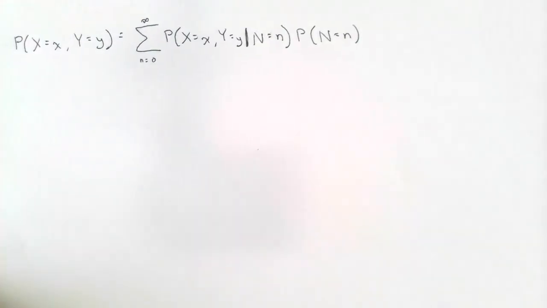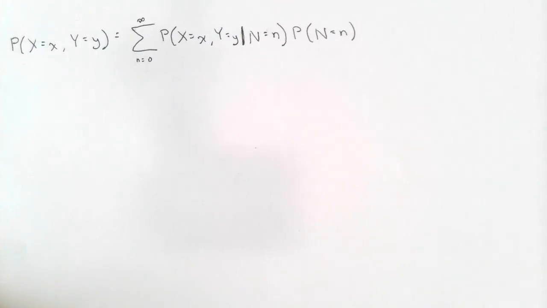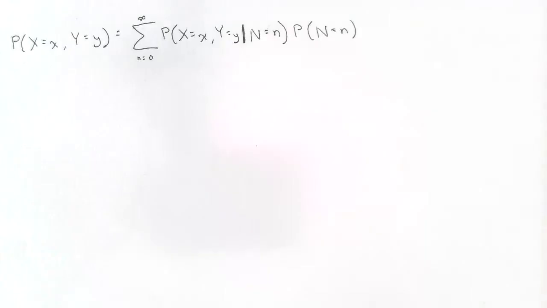So what we're doing here is using the total probability rule in order to find an expression for our unknown probability in terms that we may be able to understand. Okay, so that's essentially what we are looking at.